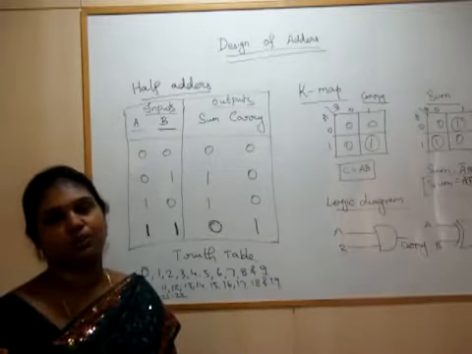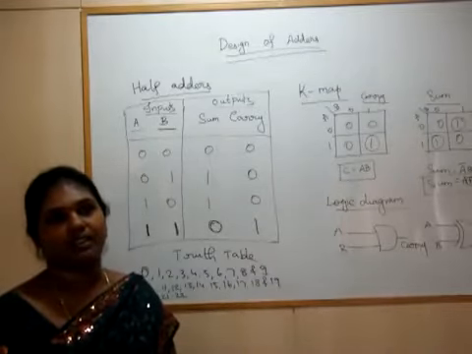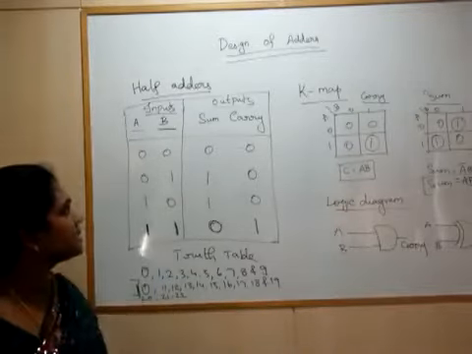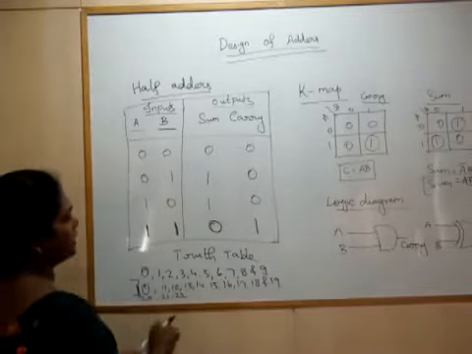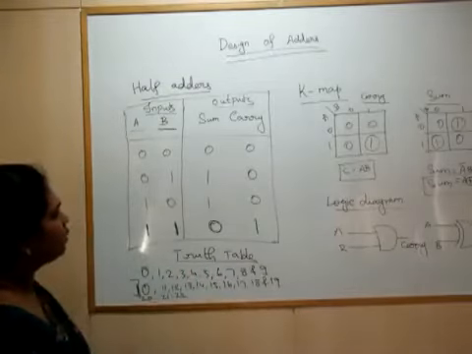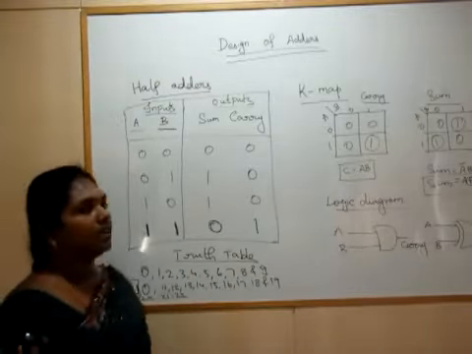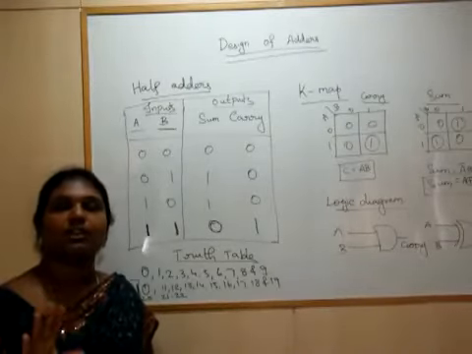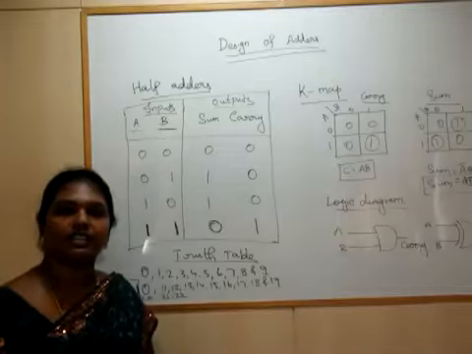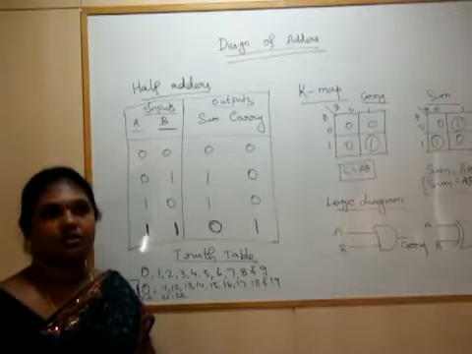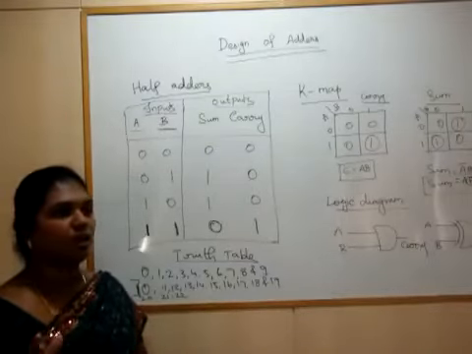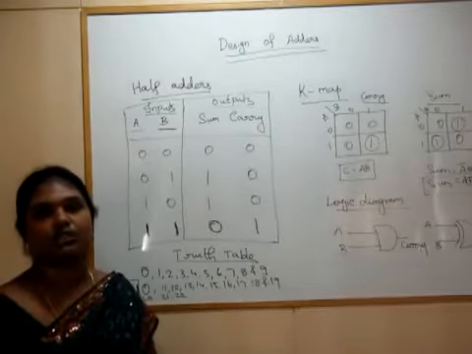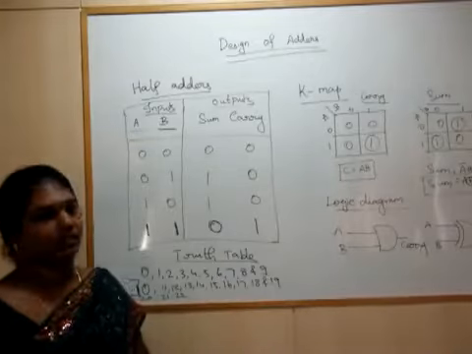What are the steps to be followed while designing a half adder? The first step is to form the truth table. A truth table shows what inputs you are giving to the logic circuit and what outputs you are getting. This composition of inputs and outputs in every logic circuit is called a truth table.